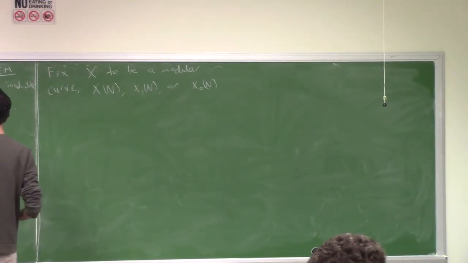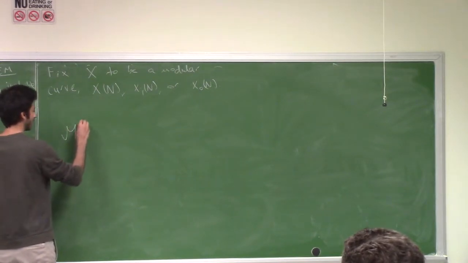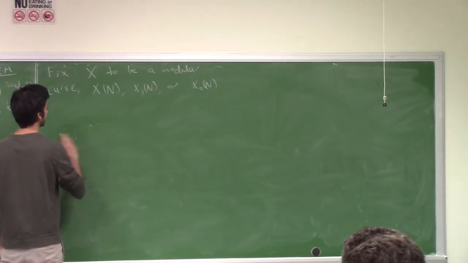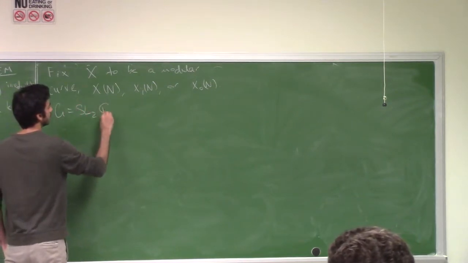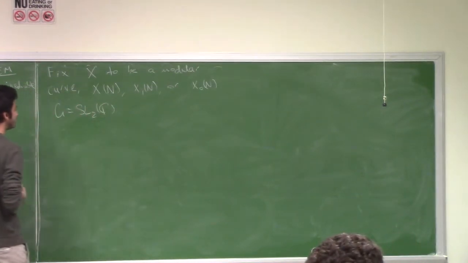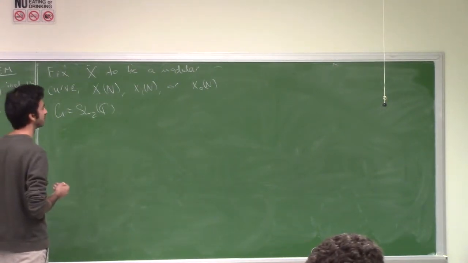Then something nice actually happens. So we do know that there is this map from G, and for simplicity, let's also fix G to be SL2C from now on. This is not a big restriction, but it just simplifies things.